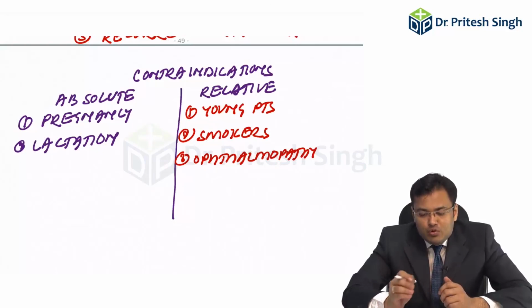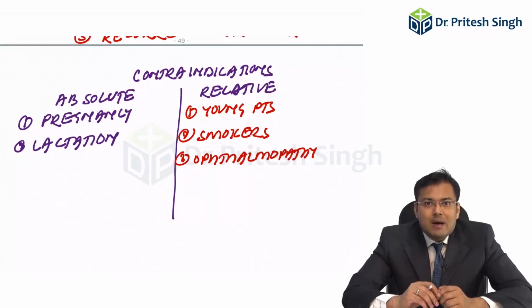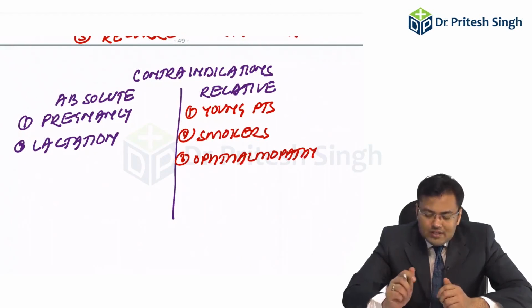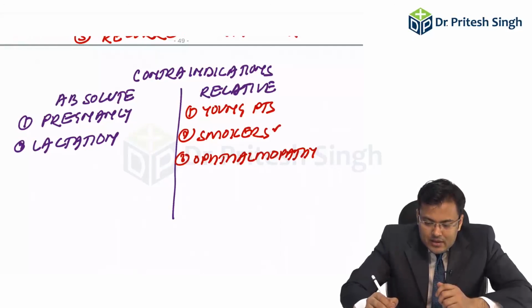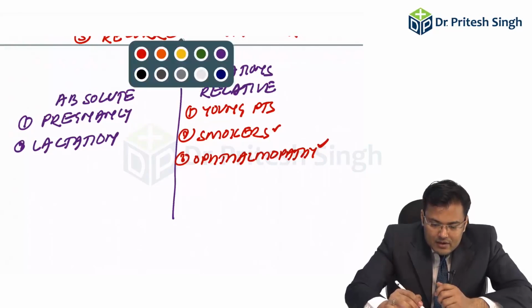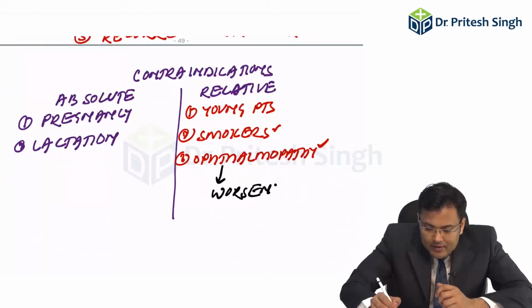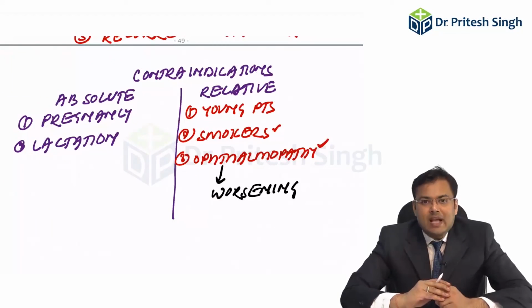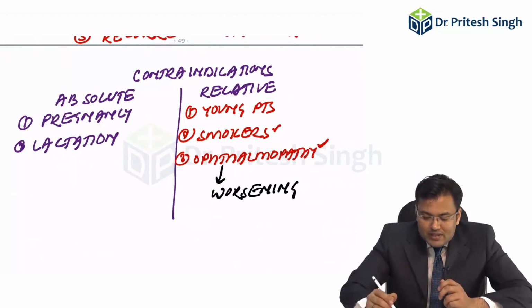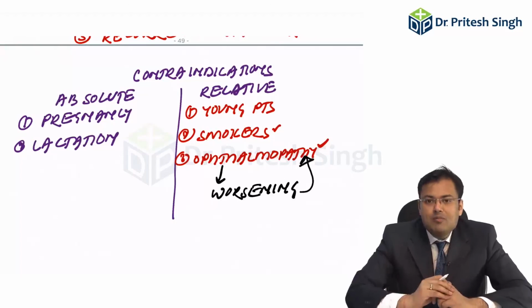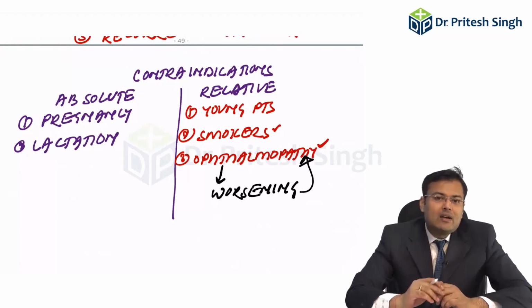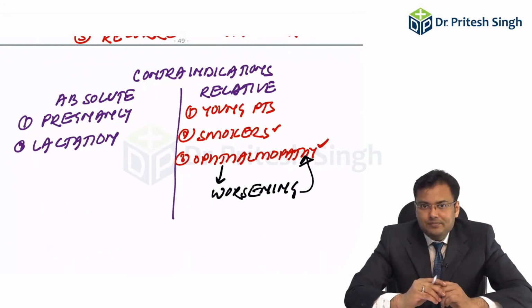Because I don't want to expose the patient to the gamma rays. Smokers and ophthalmopathy: in these two cases, after use of radioactive iodine, there is worsening of ophthalmopathy. So these are relative contraindications.